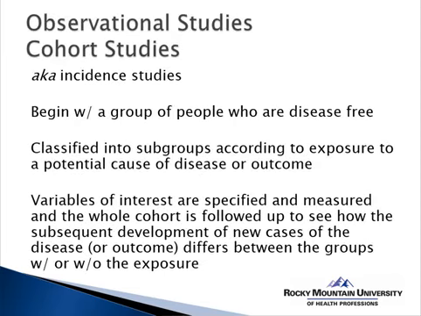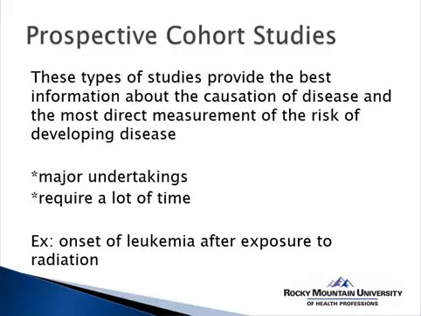Incidence studies, these are the top way of doing things when you can do them. So prospective studies, we talked about them before. They are major undertakings and they can require a lot of time. So for example, what would it take to study the onset of leukemia after exposure to radiation?